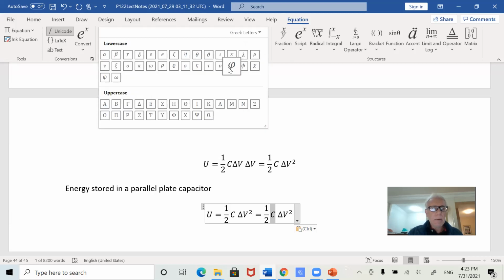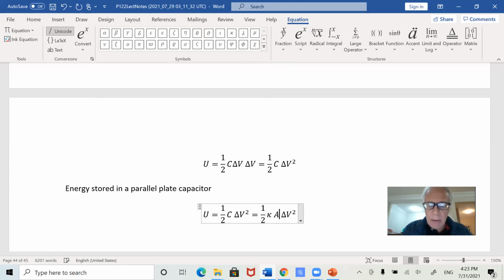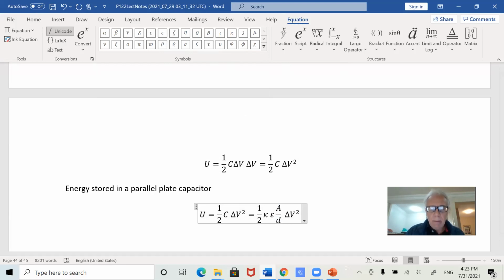It depends on the area, it depends on the distance between the plates, but it depends also on that constant that we call epsilon naught. He wrote that in terms of a K. I prefer to write that in terms of the epsilon naught. Epsilon naught is 1 over 4 pi K.